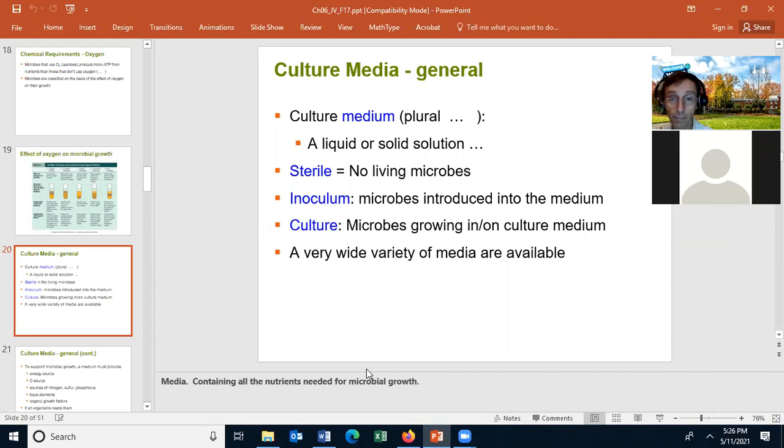Usually agar, but it could be something else like gelatin. In microbiology lab, we would give you a sterile media, and that means the media has been sterilized so it has no living microbes in it. And how we do that in the microbiology lab is we put the media in the autoclave before we give it to you.